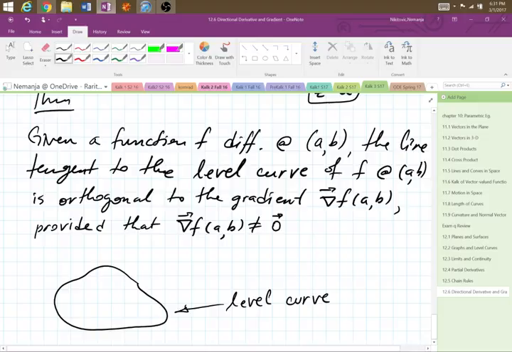What you have here, let's say, at this point, you have the tangent line, and then you have the gradient. Technically, pick a point. Tangent line, gradient.